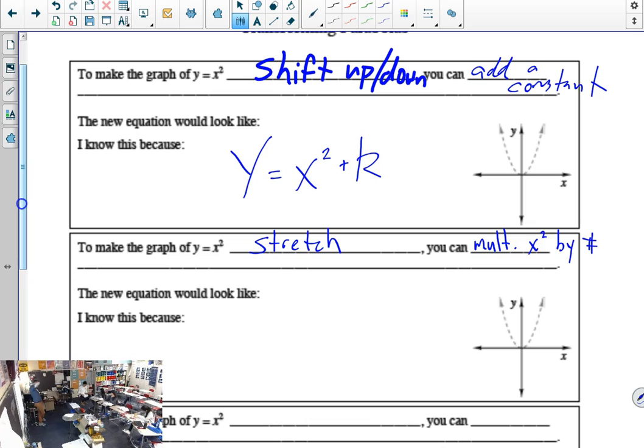So when we write ax squared, we know that it has to square the value first because of order of operations. What does it do if a is negative?